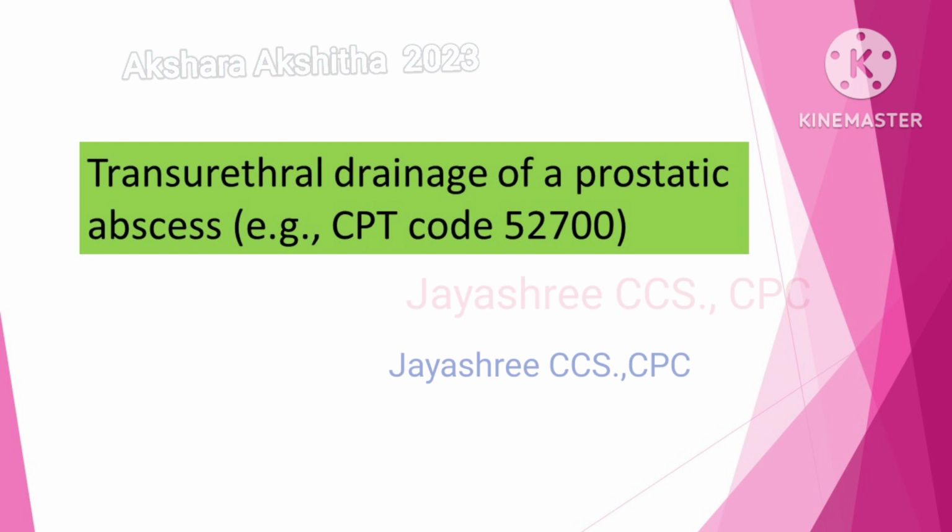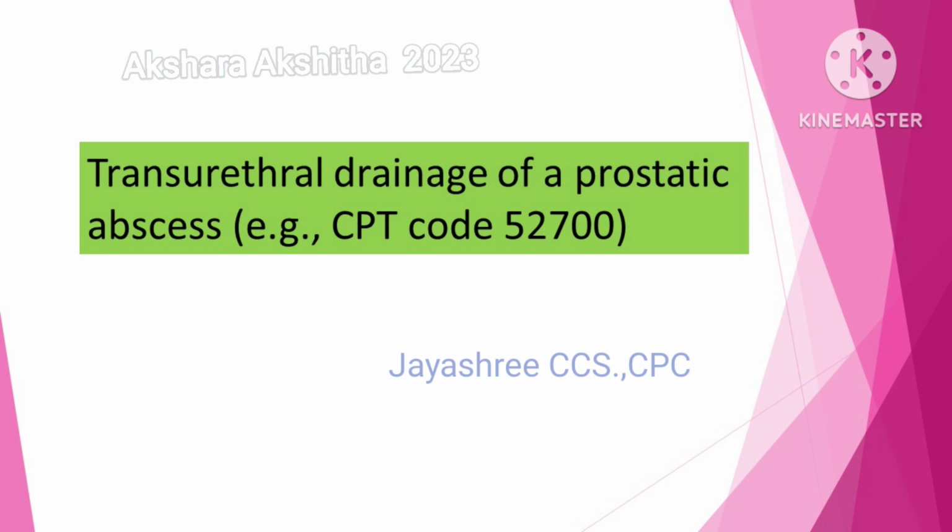Whenever male transurethral prostate procedures are performed along with this drainage of prostate abscess, the drainage is always included in the transurethral prostate procedures. So 52700 is a minor procedure. We should not code it separately when performing male transurethral prostate procedure CPT codes. This is the first point.